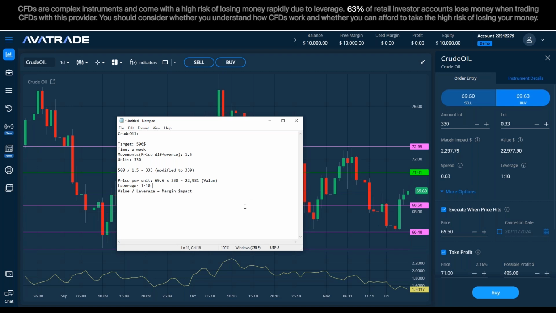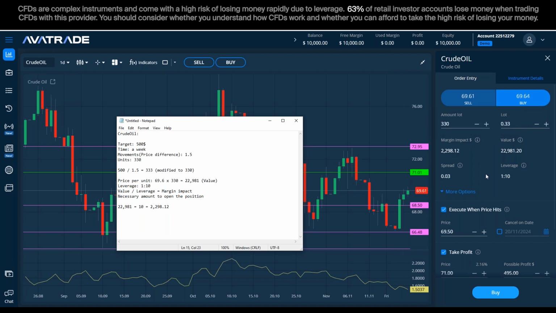Margin impact means the necessary amount to open the position. So let's quickly do that together. Okay, just like that. Super simple. Again, I didn't do it in my head, it's just written here already.